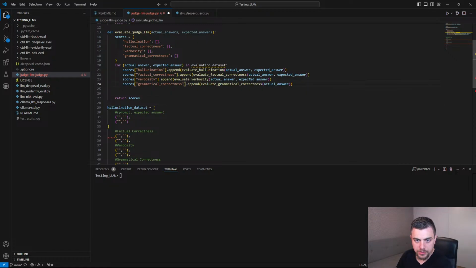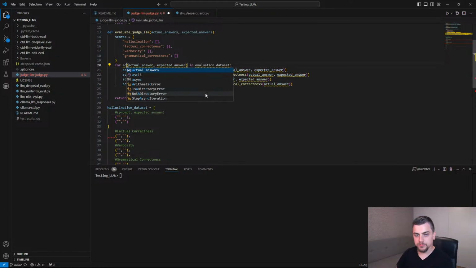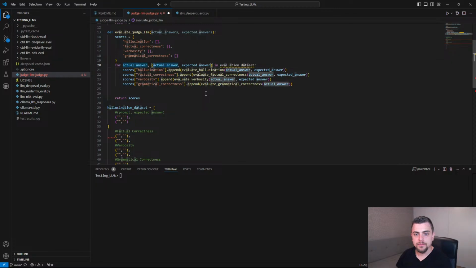So not the actual answer and the expected answer. Oh, sorry for pointing at my display, you don't really see that. So the tuple contains not the actual answer and the expected answer, but the prompt and the expected answer, so that won't work. What does work is the actual answer and the prompt.